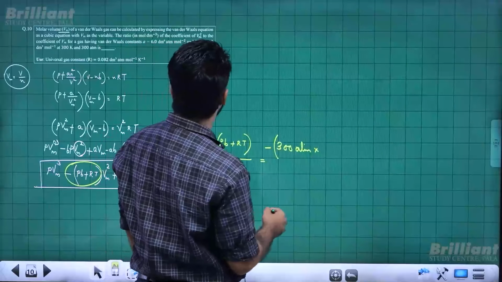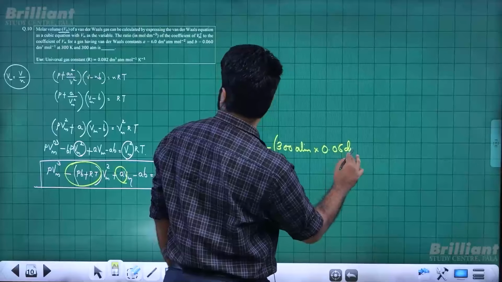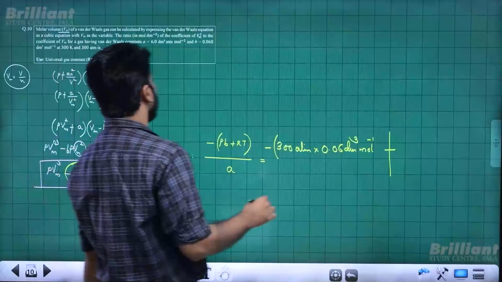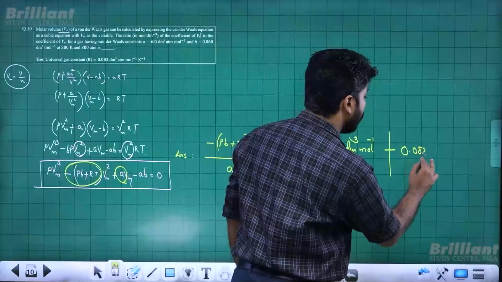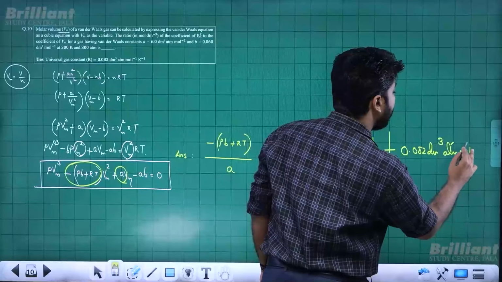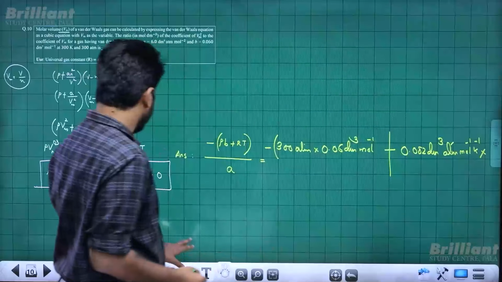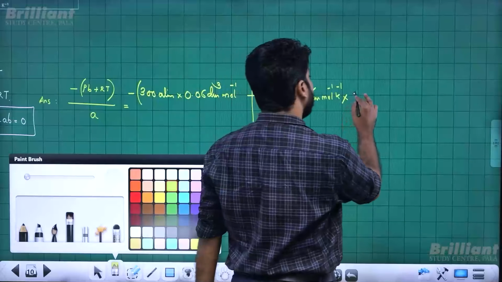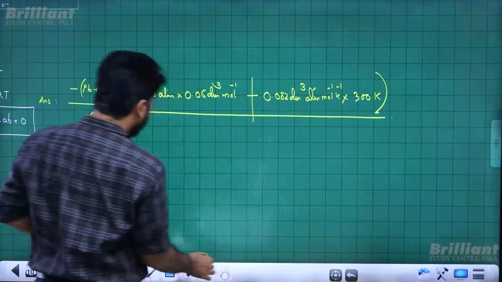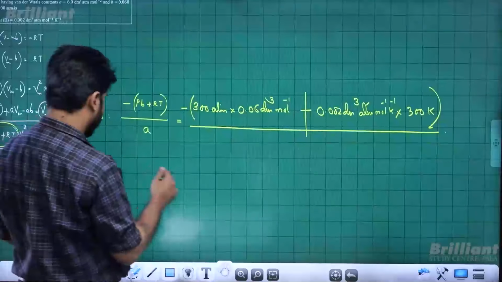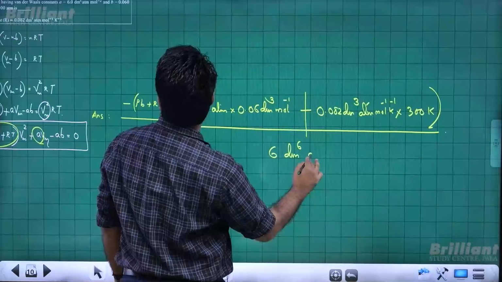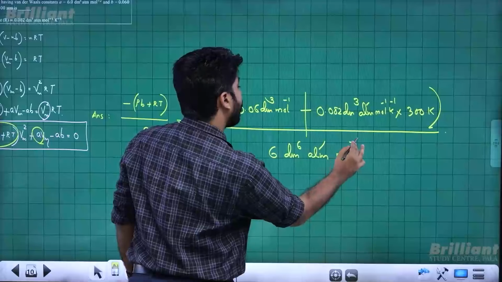B is given as 0.06 decimeter cube per mole, plus R is given as 0.082 dm cube atm per mole per Kelvin, and temperature is given as 300 K. So this divided by the A value, which is 6 dm raised to 6 atm mole raised to -2.